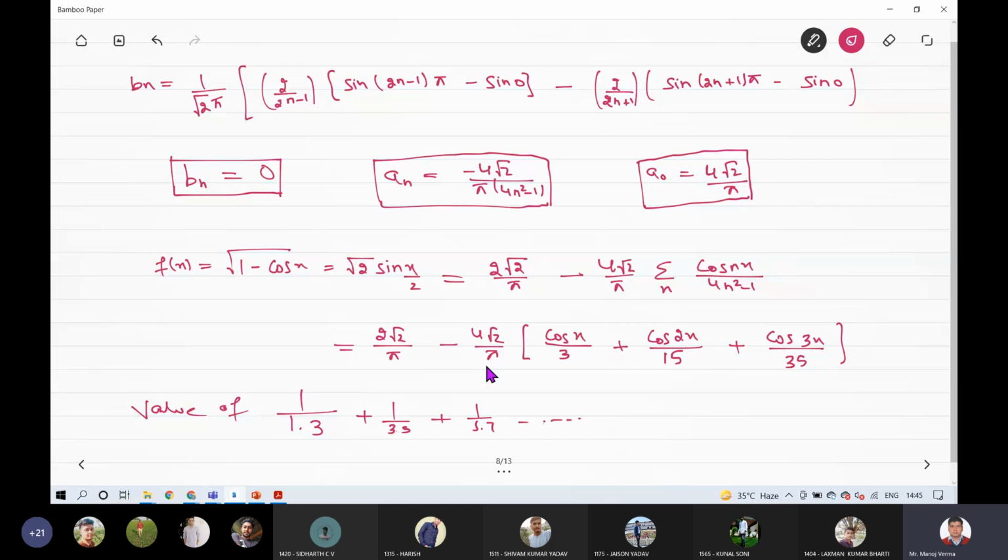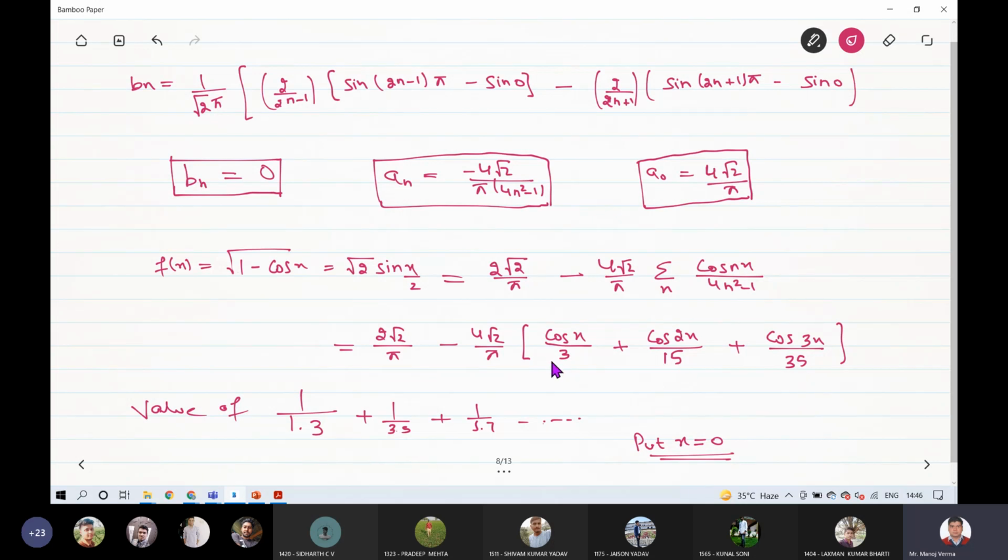Okay. Now, this thing you have to understand, that why I am inserting x equal to 0 here. See, as I can see from this expression, this is 3, 15, 35.